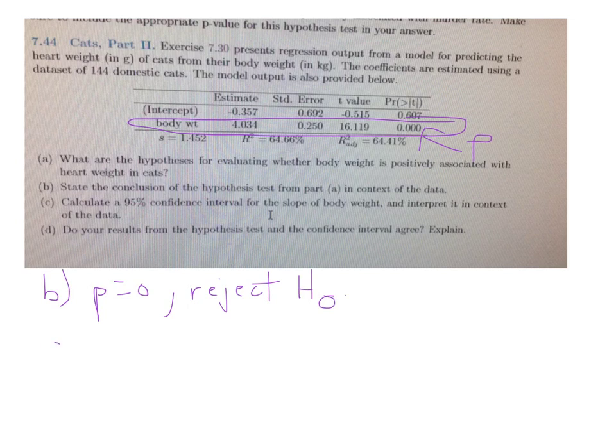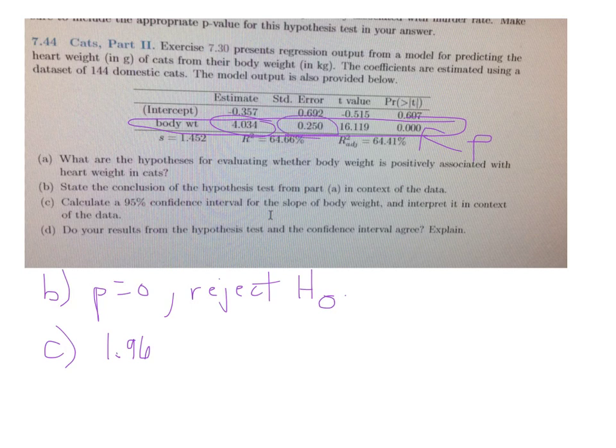Okay. For C, the calculation of the 95% confidence interval. For the 95% confidence interval, your z-score is 1.96 that you're adding and subtracting. And I think that the slope of the body weight, that's this value here, is 4.034. And the standard error is 0.250.